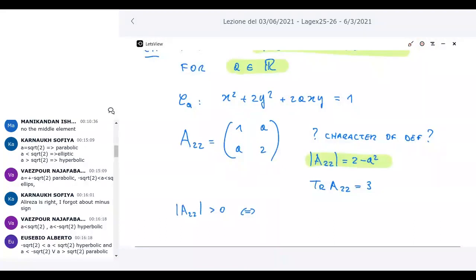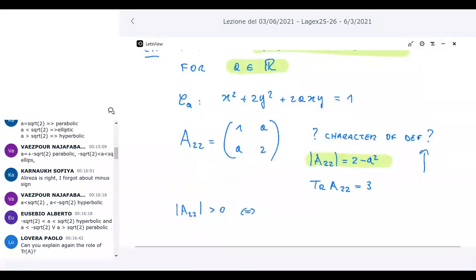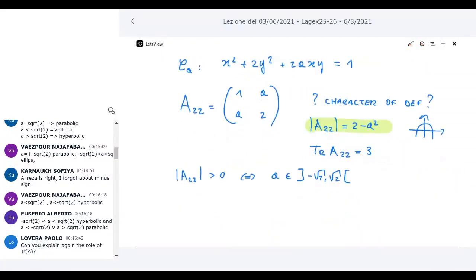Well, we are looking at a degree 2 equation of this kind. So it's going to be positive when we are in the interval of the roots. So if and only if A belongs to the open interval minus square root of 2, square root of 2, right? It's going to be zero exactly in those 2 points, A belongs to minus square root of 2 and square root of 2.